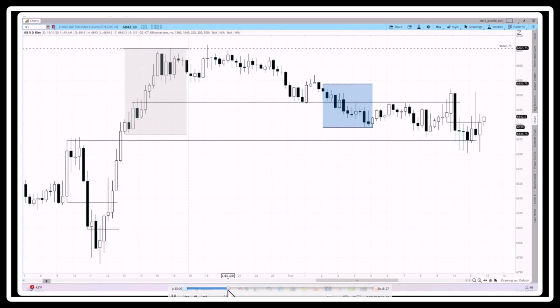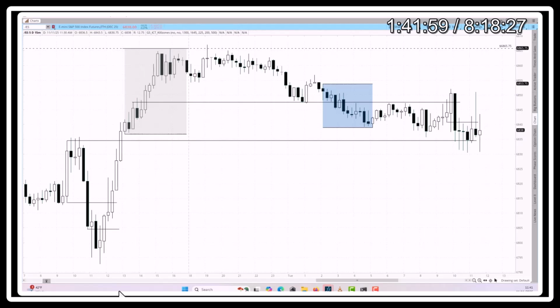You see right there, the trick is that the long setup is still there. See that at one point it looks so scary. This guy got flipped. Let's go back here.